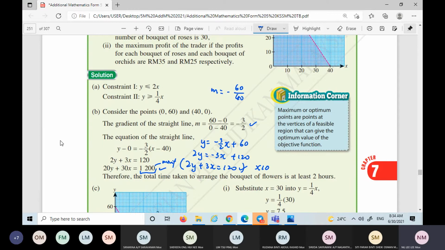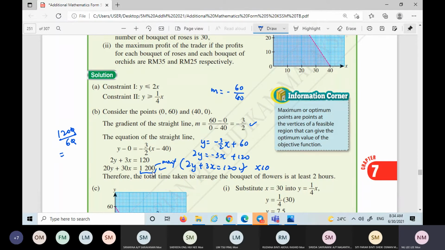So if you change to hour, or you want to remain in minutes, but it's not nice, this is big. So you have 1200, you divide by 60. Am I right? 120 divided by 6 is what? 20.